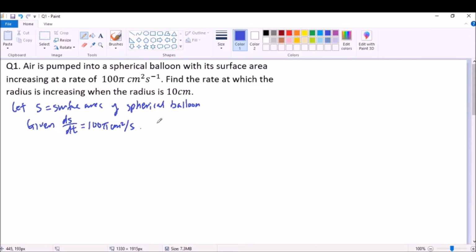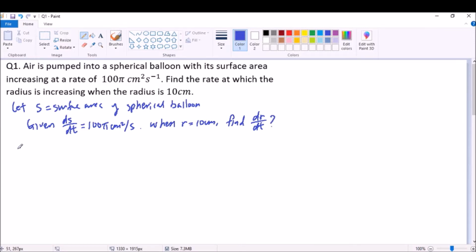And when the radius equals 10 cm, we are going to find the rate of the radius increasing with time.